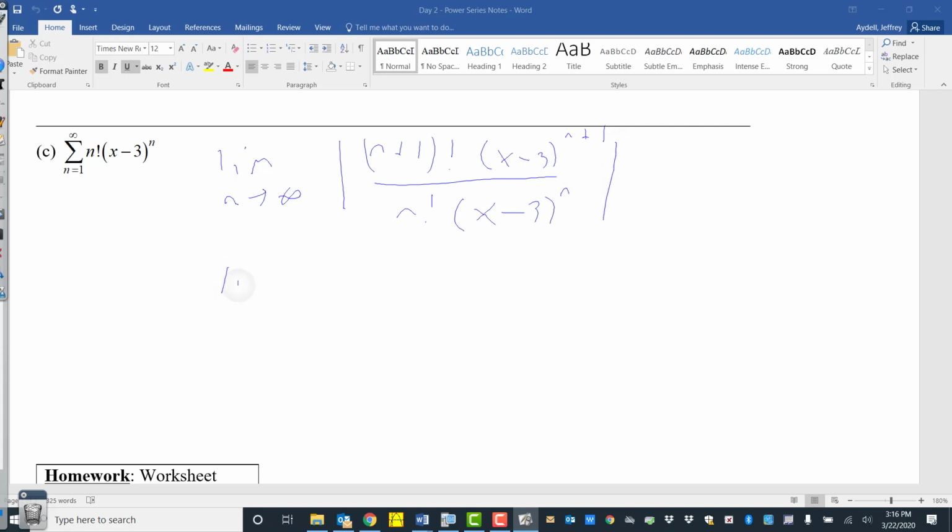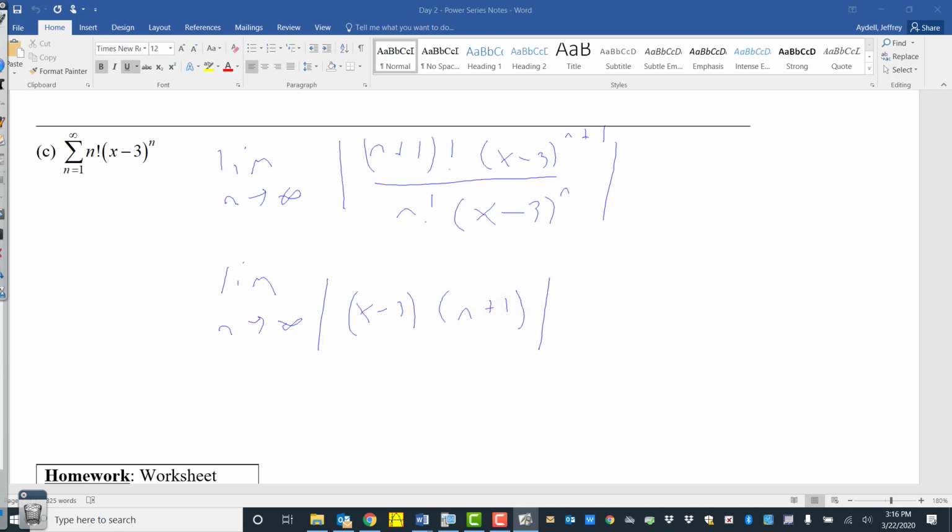This time, we'll look at the limit as n goes to infinity when we simplify, and we're left with x minus 3 to the n plus 1 over x minus 3 to the n. That just gives us x minus 3. And then the n plus 1 factorial over n factorial just gives us n plus 1.